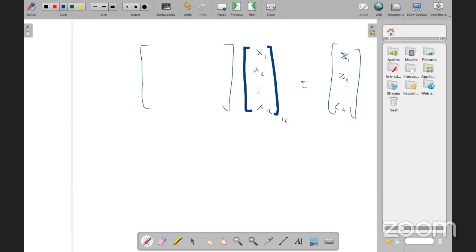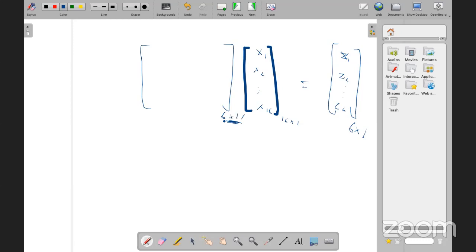So this is 16 by 1, and I want a 6 by 1 here. What should be the dimension of this matrix? Just anyone quickly, so I know you are still here. It should be 6 rows and 16 columns.